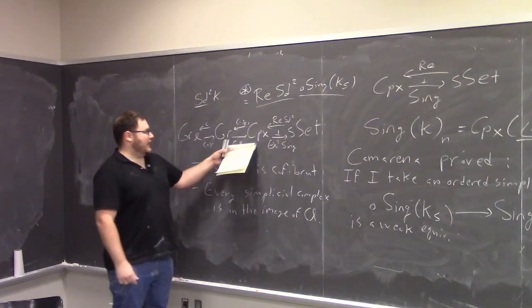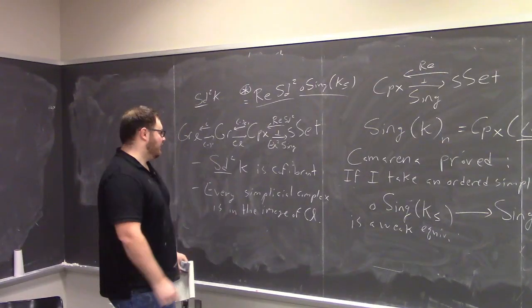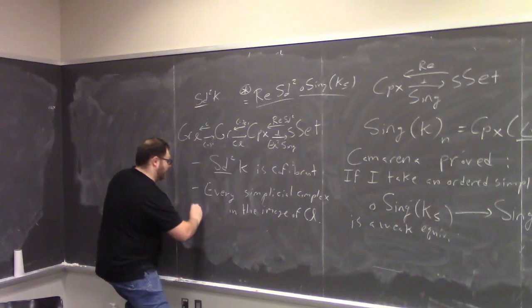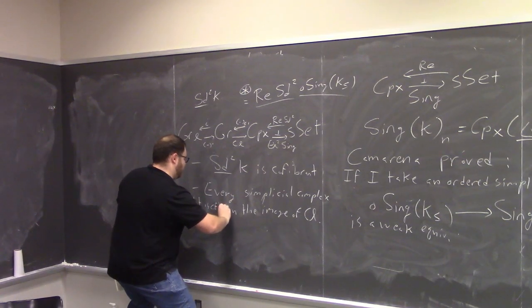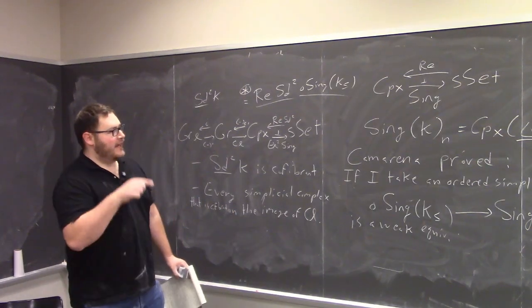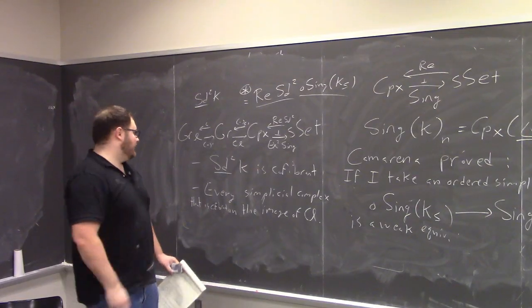We call complexes in the image of this functor flag complexes, clique complexes, it has a ton of different names. Every simplicial complex that is cofibrant is of this form. So this is mirroring Thomason's proof that every cofibrant category is a poset. Okay?